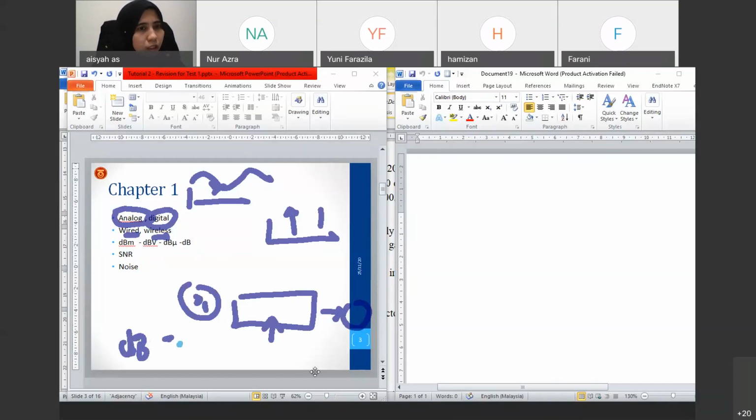For dBm, the m is milliwatt. For dBV, V is the voltage. And µ is microwatt. So you need to understand this. dB is divided by a reference power, so at the bottom is the reference. In P1 over P2, P2 is the reference.